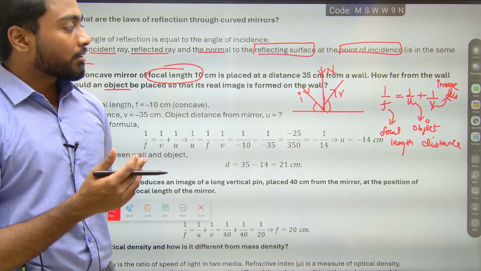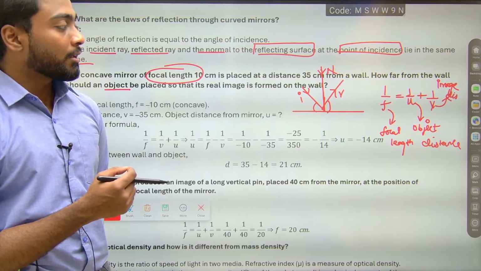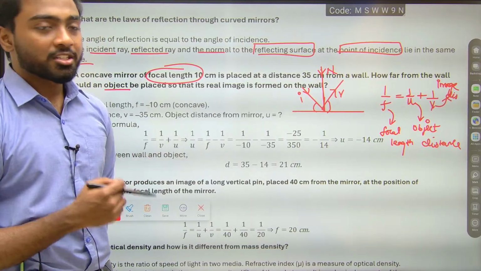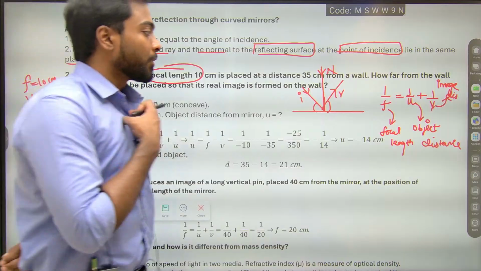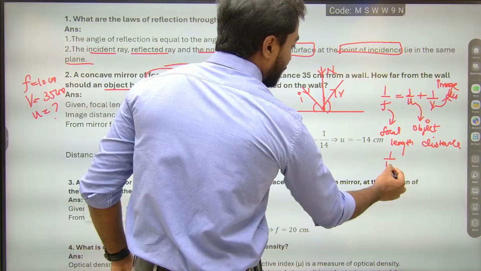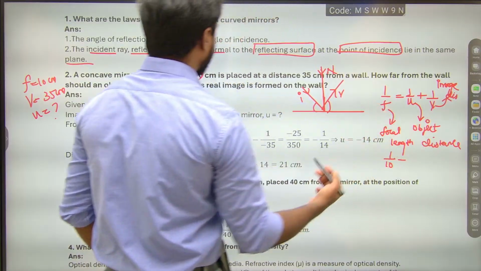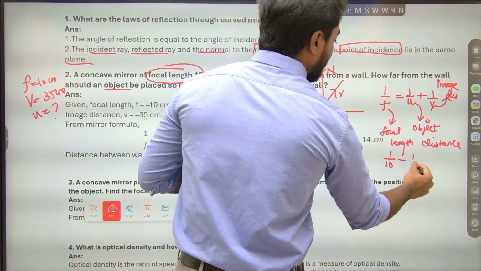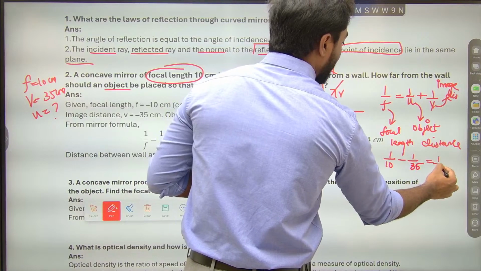Now I need to find the u value, that is the object distance. So 1 by 10 centimeter minus 1 by 35 equals 1 by u.